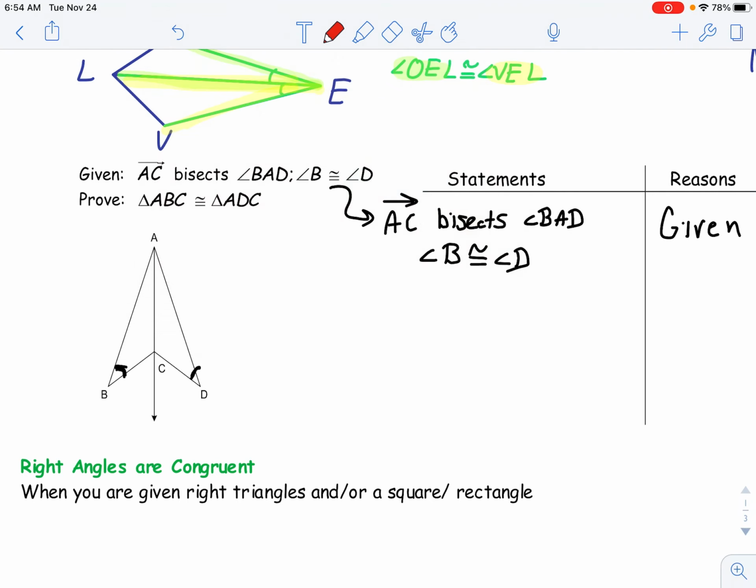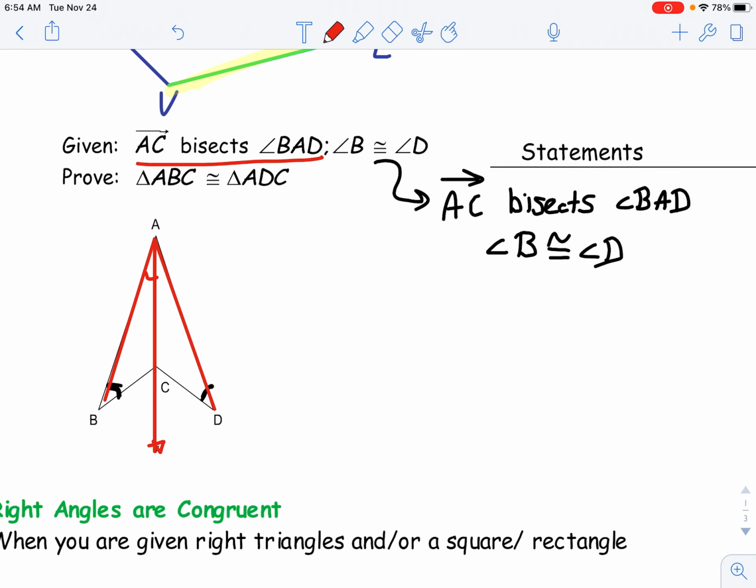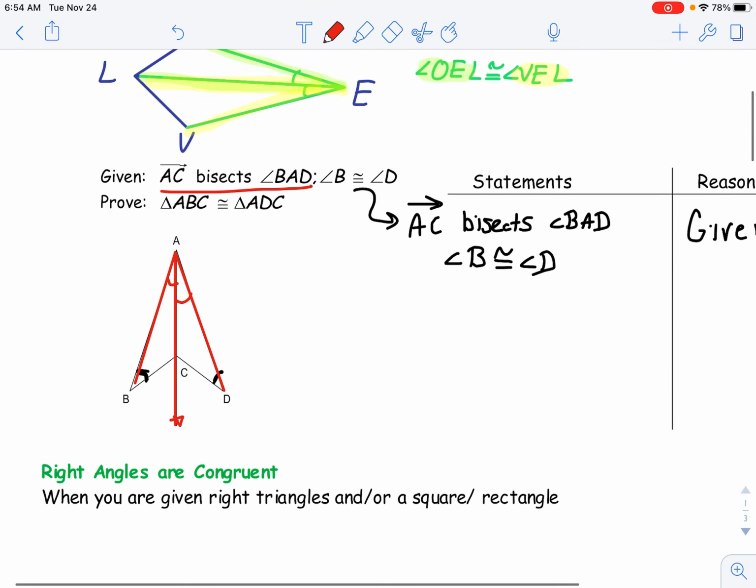Now let's focus on this part right here. AC bisects angle BAD. All right, so this ray is bisecting angle BAD. So that's going to force this left angle and this right angle to be congruent. So angle BAC is congruent to angle DAC.